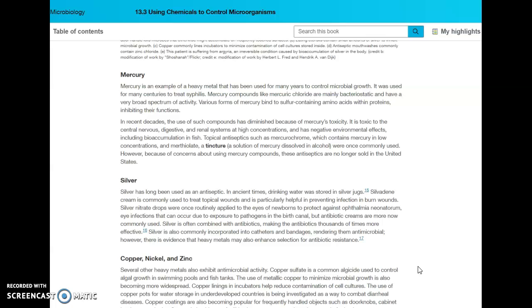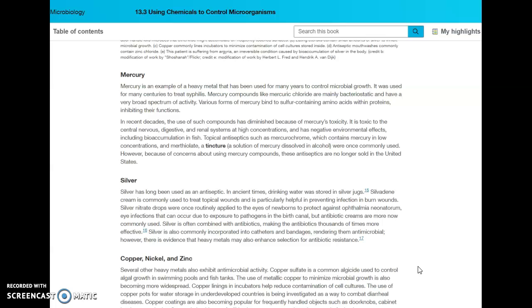But, of course, mercury is toxic. And I remember being a kid, there was mercurochrome and Merthiolate, and both of these had mercury in them. Merthiolate was what we call a tincture, where we take a substance and dissolve it in alcohol.